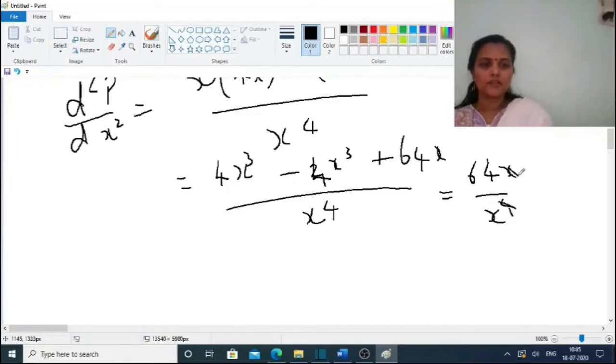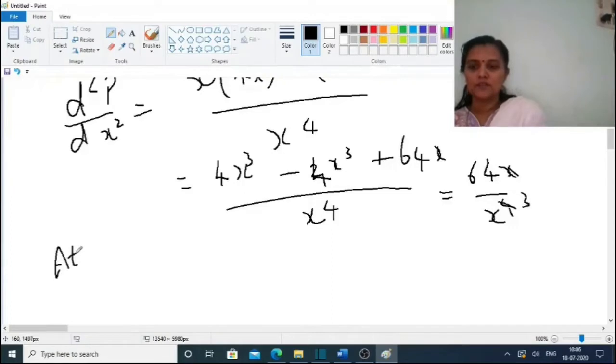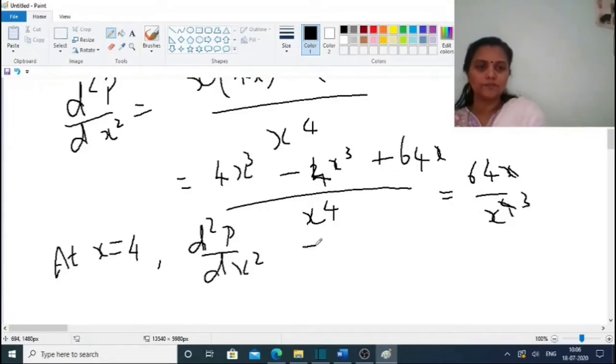So this cancels, so this is 64 by x cube. Now at x equal to plus 4, d square p by dx square is equal to 64 by 4 cube, which is equal to 1, greater than 0.